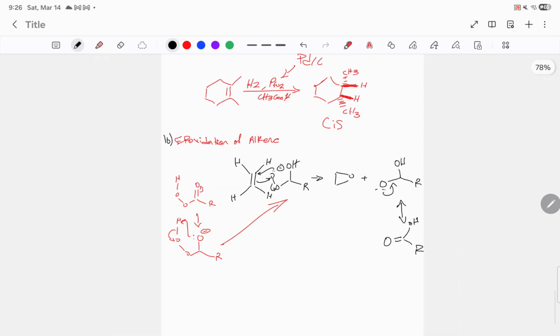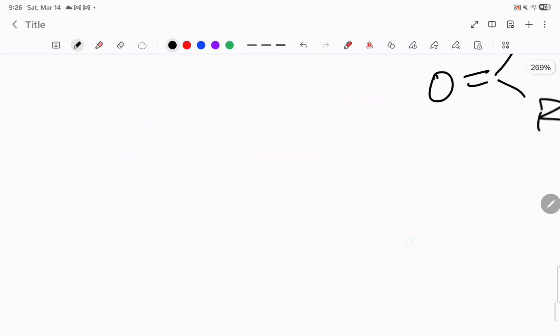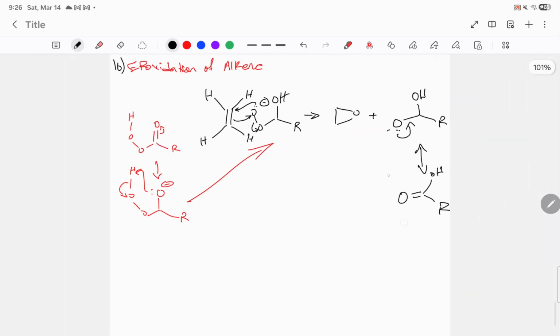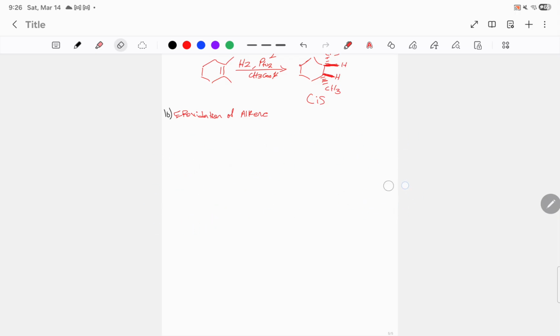And just like we mentioned, I get my acid, okay? Amazing. So I get my acid and I get my epoxide out of this. All right, so that is the mechanism of how this is done, okay? Again, I don't really like the way I did this. Let's do it a bit more clean.